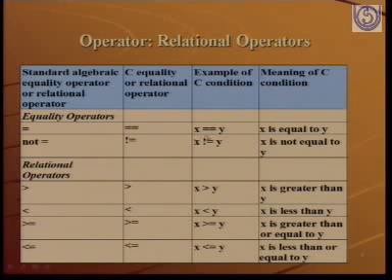So this relation will be true if x and y both have the same value, otherwise it will turn up into a false value. NOT is just the opposite of the value given. If y is true, NOT of y will be false. So the NOT operator you have to apply on a single value only. So NOT operator is a unary operator.